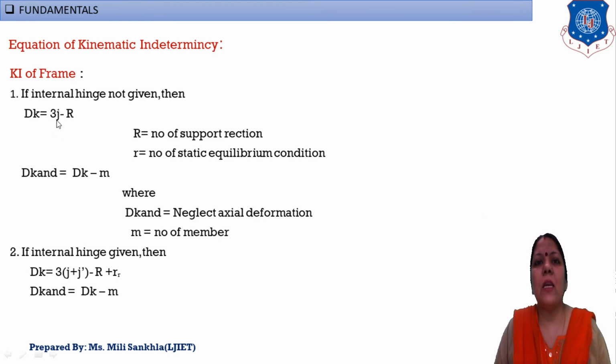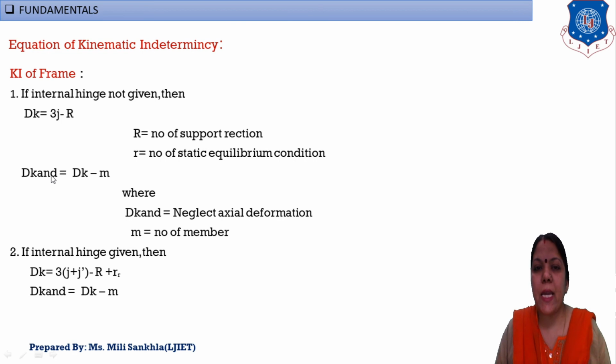3j, that means frame and beam are subjected to rigid joints. That's why they resist three types of forces: axial force, shear force, and bending moment. That's why here 3j is written. J for joint, r for number of support reactions according to the given supports.